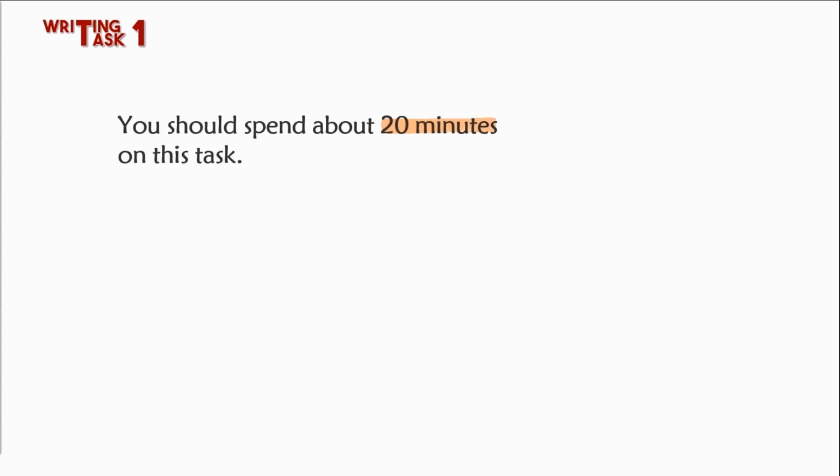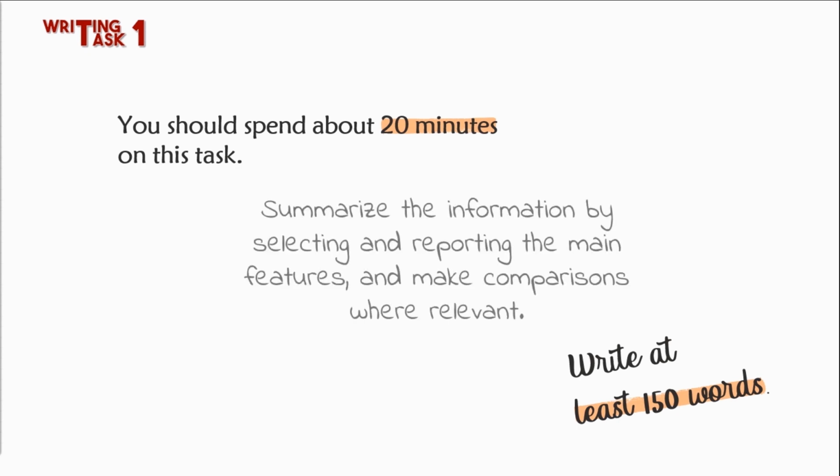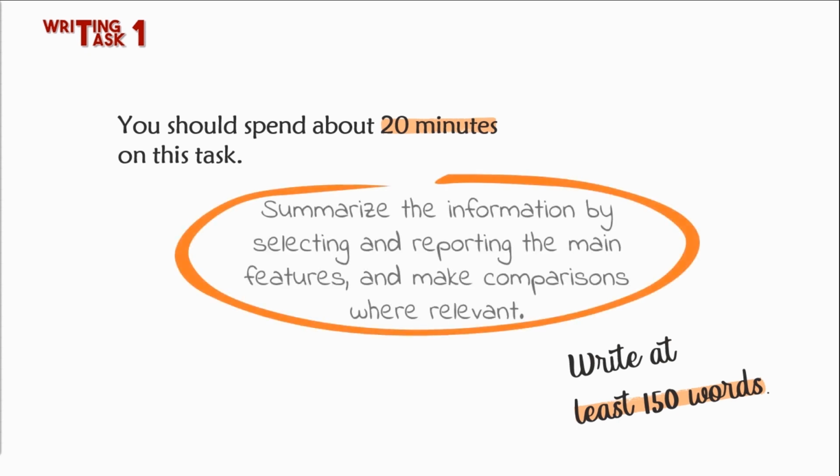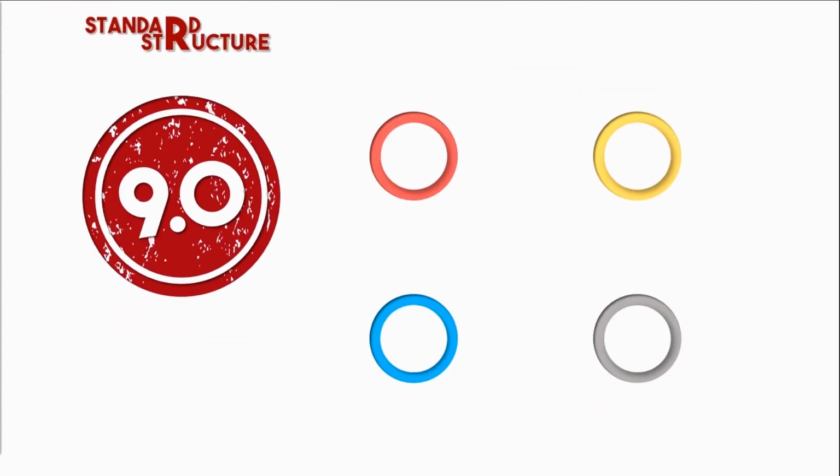In IELTS Writing Task 1, you are only given 20 minutes to write your report and you have to write at least 150 words. Your task here is to summarize the information by selecting main features and making comparisons. In this lesson, however, we will focus on writing a Band 9 structure.